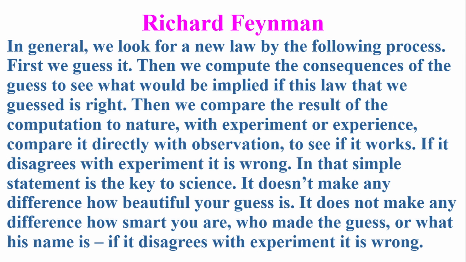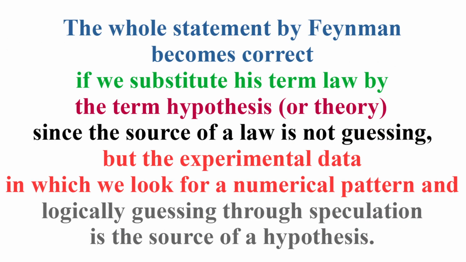It does not make any difference how smart you are, who made the guess, or what his name is. If it disagrees with the experiment, it is wrong. As illustrated above, the wrong statements by Feynman become correct by a simple substitution of the term law by hypothesis.